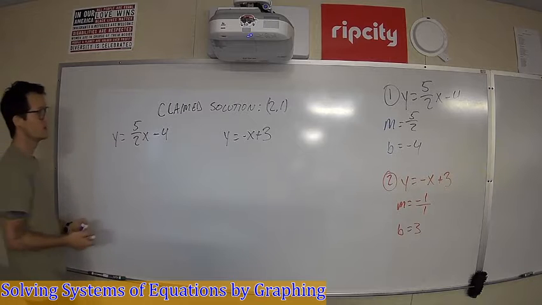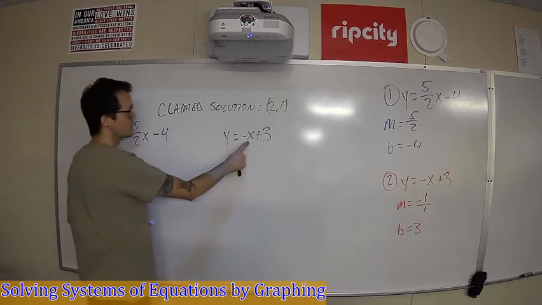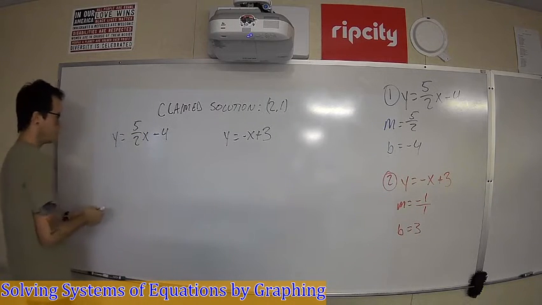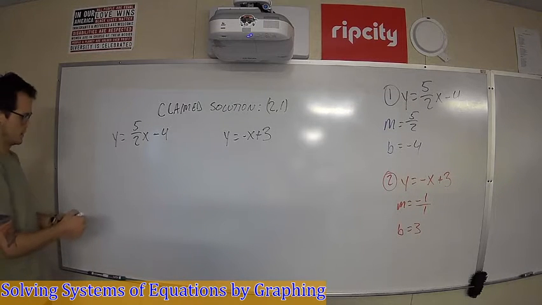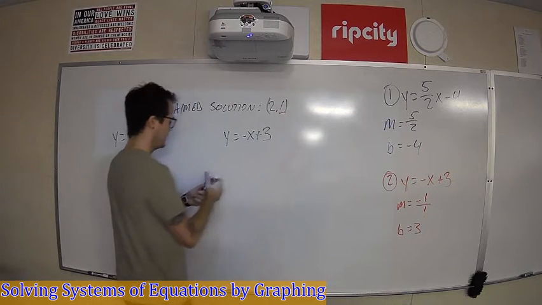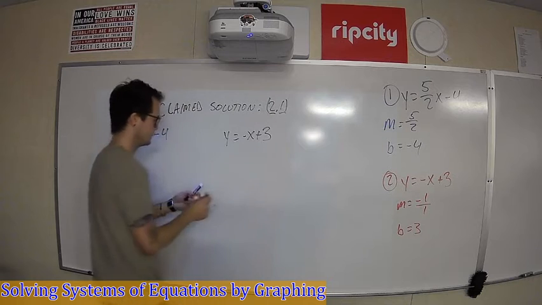So what I'm going to do is I'm going to substitute this value of 2 in for x, and this value of 1 for y, and we're going to see if both of these equations end up being true. So here we go. Let's make it happen. I'm going to make the substituted values, the y values are going to be in red, and the x values are going to be in blue.